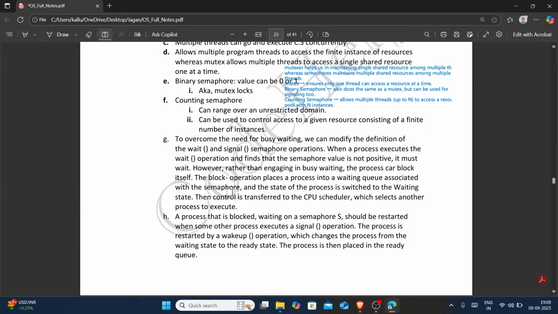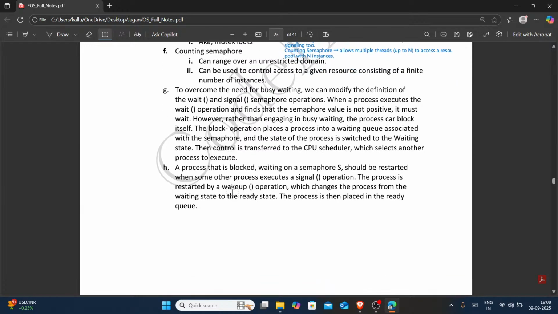Then control is transferred to the scheduler to execute another process.